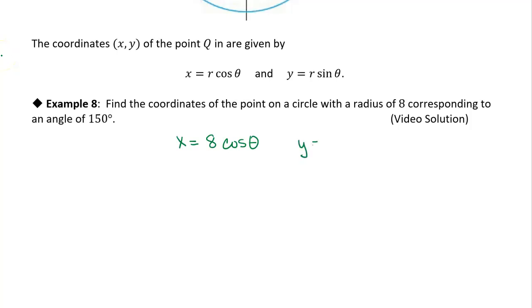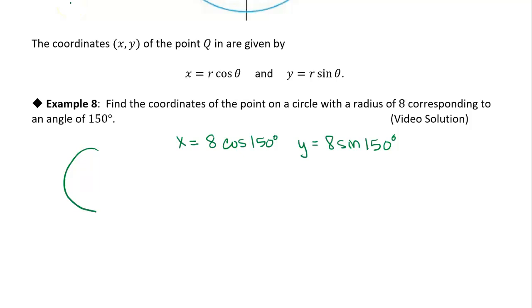And the y-coordinate is going to be 8 times the sine of theta. So now we can figure this out if we can figure out the sine and the cosine of 150 degrees. So maybe I should actually replace the theta with 150 degrees, because our angle is 150 degrees and our radius is 8. All right, so let's figure out the sine and cosine of 150 degrees.